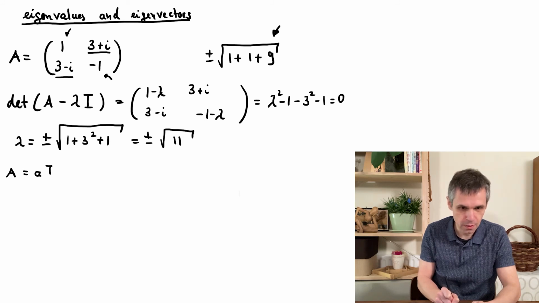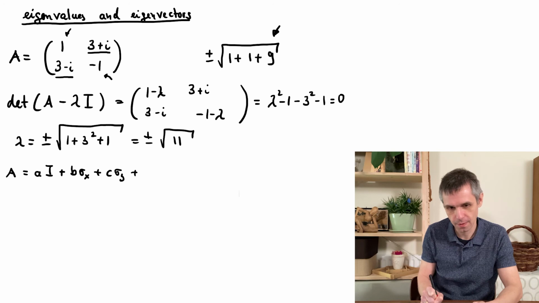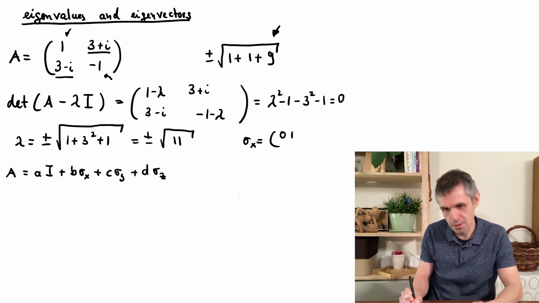A coefficient proportional to the identity matrix, which here will happen to vanish, and then coefficients in front of 3 very particular matrices, which are known as the Pauli matrices. These Pauli matrices are of the following form, and they are sort of elementary Hermitian matrices.